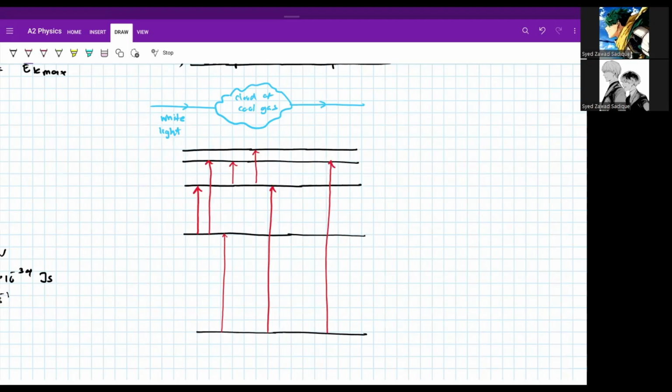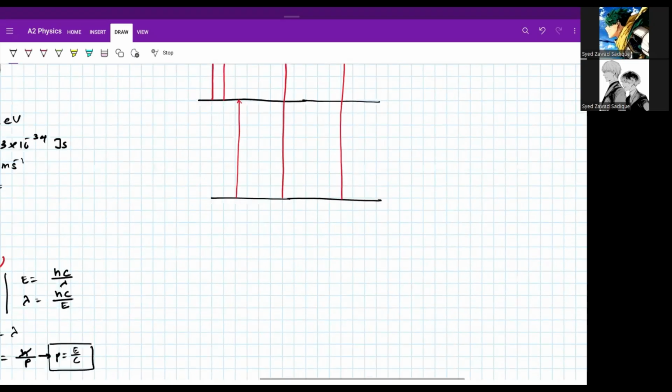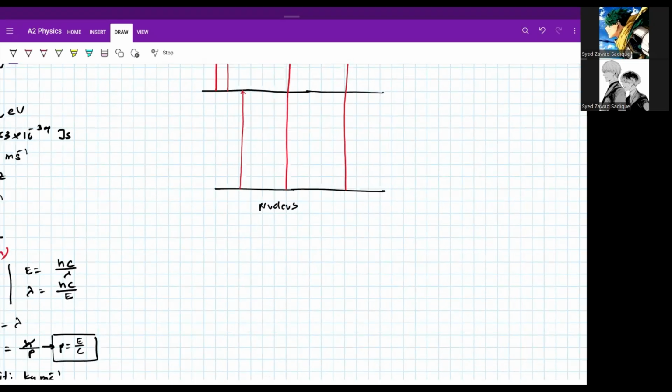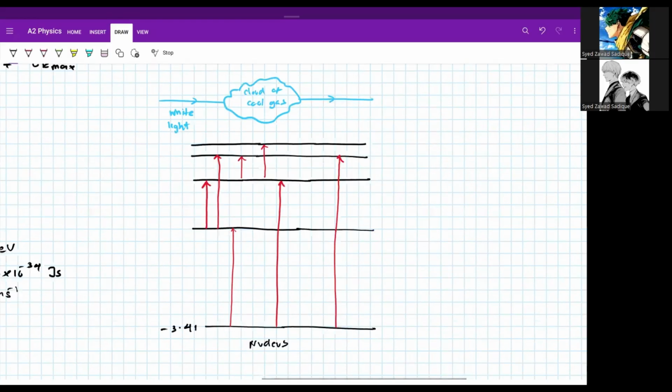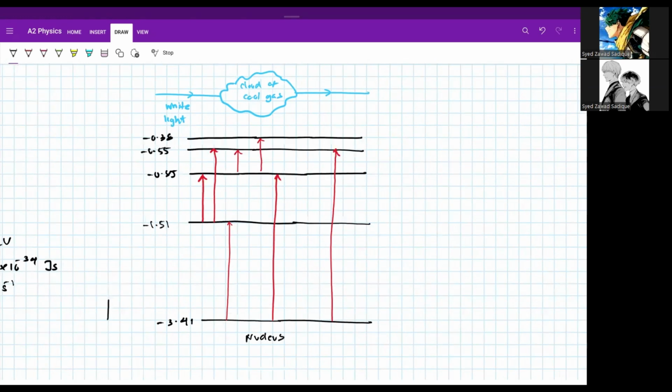Now, same values as before. Because this is the nucleus, minus 3.41, minus 1.51, minus 0.85, minus 0.55, minus 0.38. This is energy in electron volts.